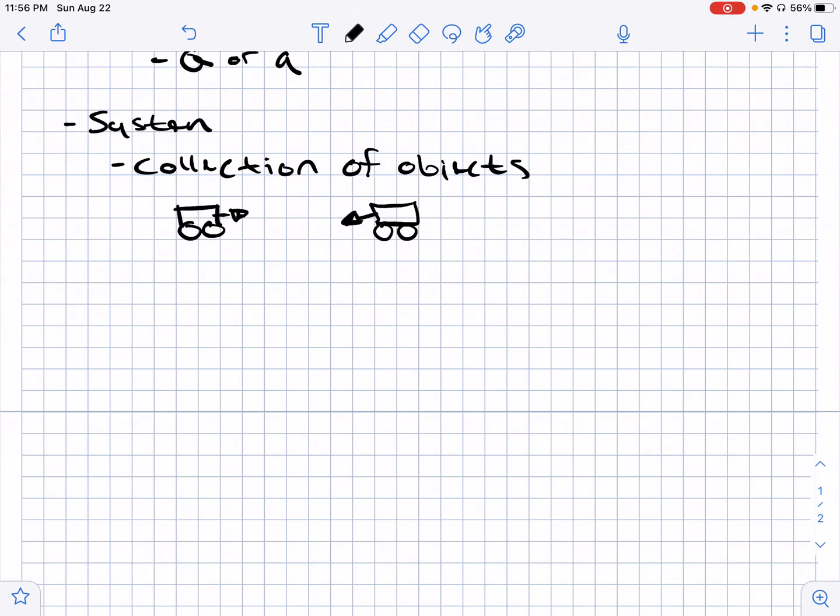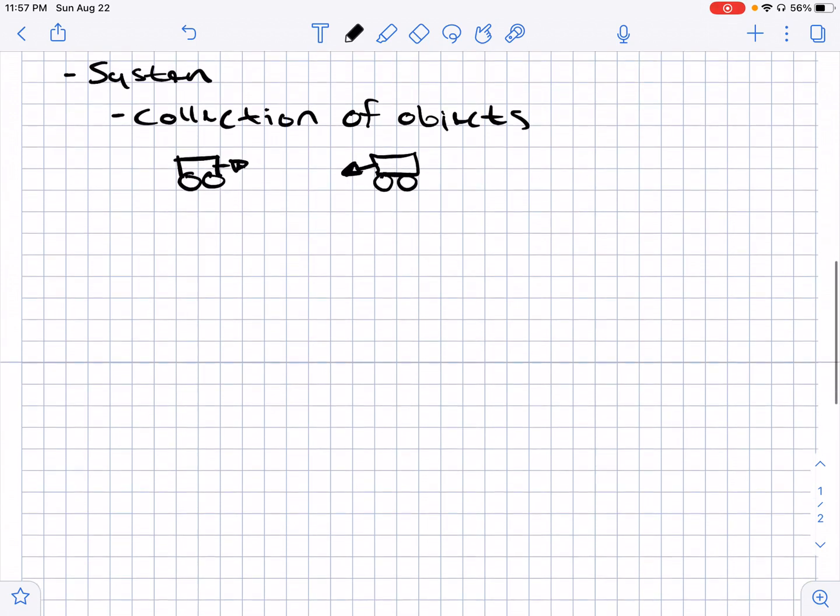Now, when an object is in motion and we're studying the motion of an object, we consider, one, the change in position of that object, and two, the time that it takes for it to change that position. An example of this would be our bowling ball lab, right? In our bowling ball lab, we were studying the change in position of the bowling ball and the time that it took for it to change that position.